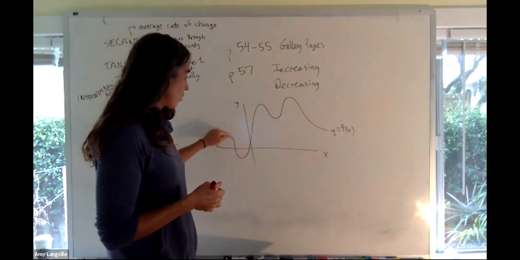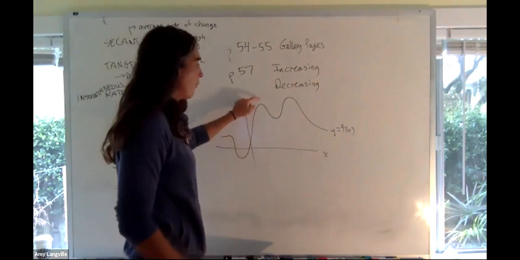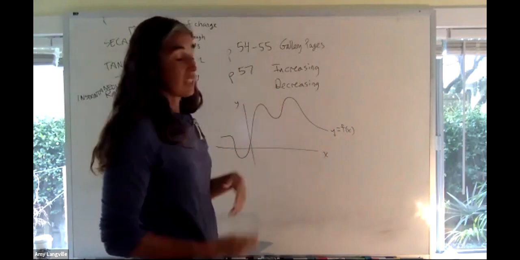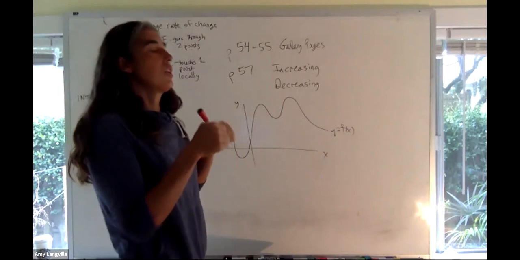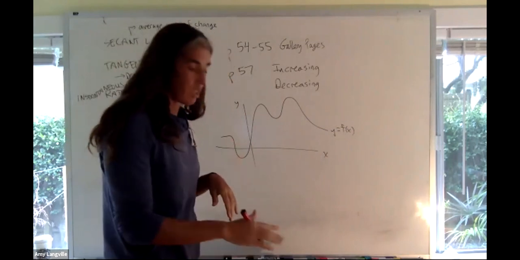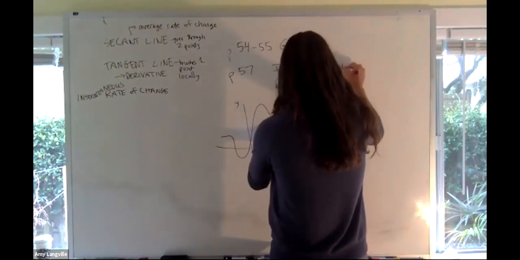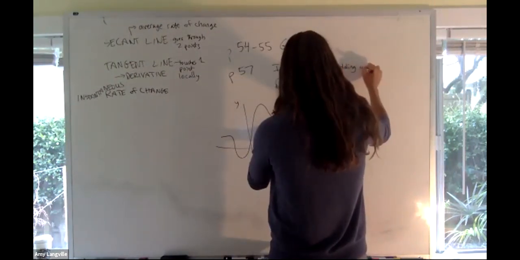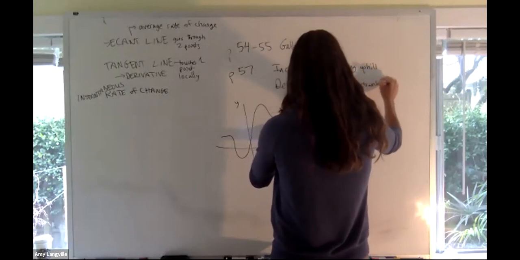Pretty flat here, now I'm going steep downhill, pedaling, working hard, going uphill, downhill, uphill. Increasing is when you would be pedaling your bicycle and going uphill. It's a lot of work. Downhill, coasting, that's decreasing. So you can think about this as like pedaling uphill on the function. And this one would be pedaling downhill on the function.